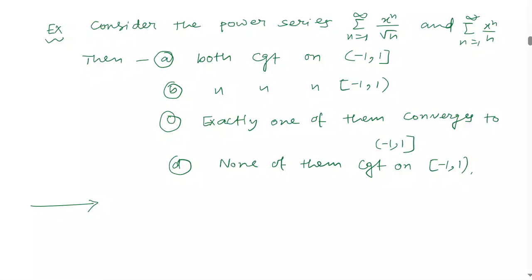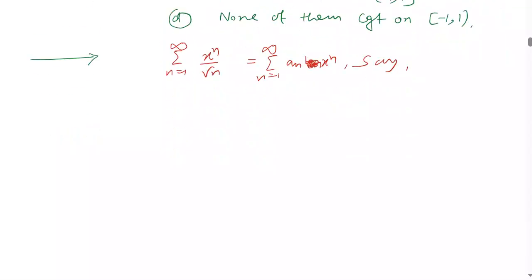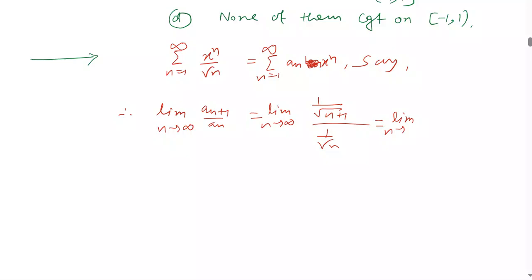देखो, summation n equal to 1 to infinity x power n by root n equal to sum a_n x power n से. ओके, हाँ मैं इतना बोल सकते हैं. अच्छा, यहाँ से therefore limit n tends to infinity a_(n+1) by a_n, that is equal to limit n tends to infinity root over n by root over n plus 1.